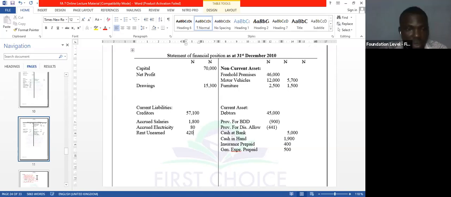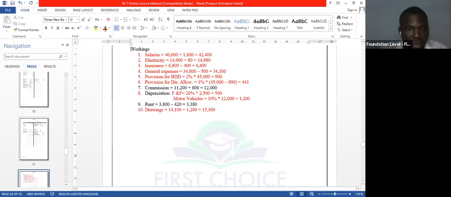The next line that we have on the trial balance is commission received, and there's an adjustment for that. For commission received, the total amount of money that we have received is 11,200, but the total amount that we ought to have received is 12,000, because 800 naira, they have not paid us.